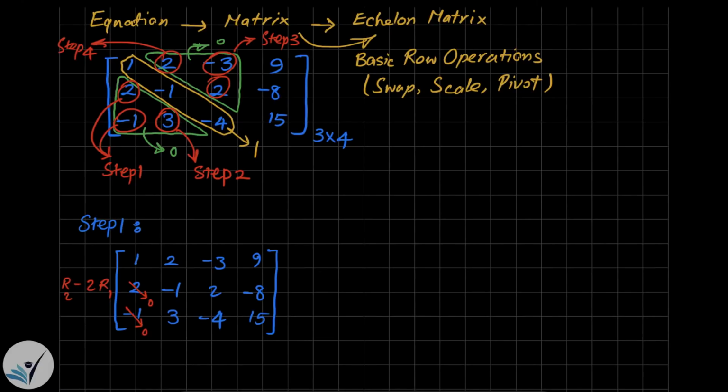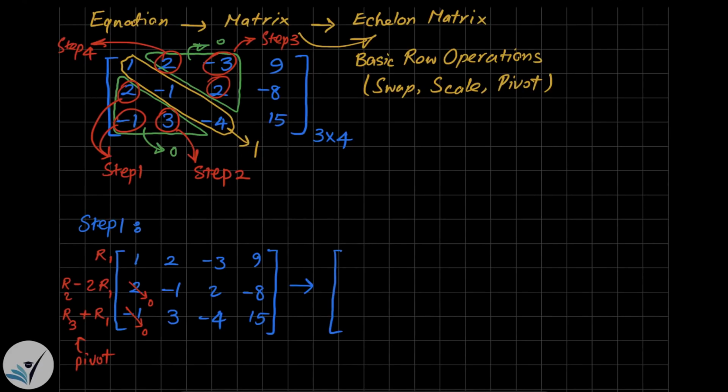So we replace the third row by R3 plus R1. And by R1, R2, and R3, I mean first row, second row, and the third row. We don't need to change any entries on the first row, so the first row remains unchanged. The operation that we are applying here is called a pivot operation.